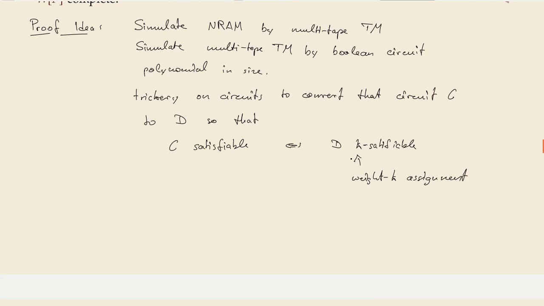So this second step is not extremely complicated, but it would take too much time to go into all the details. But there's a nice simple trick that I might just explain on a conceptual level.